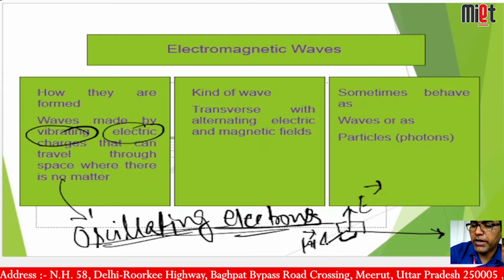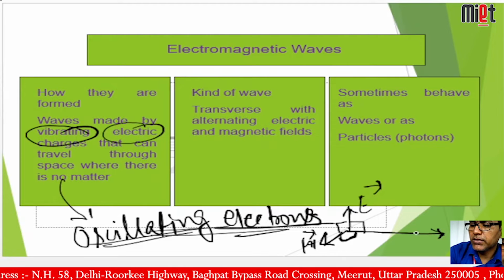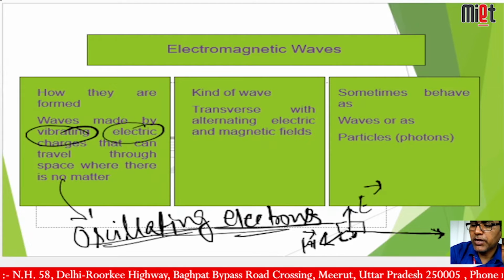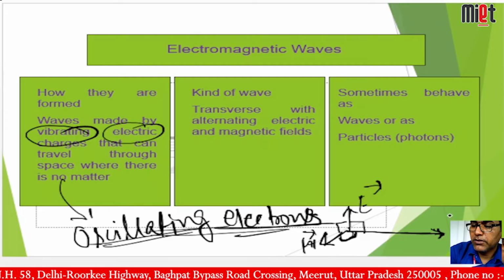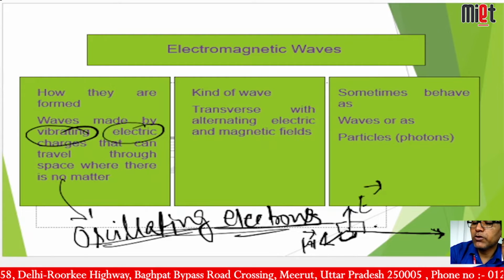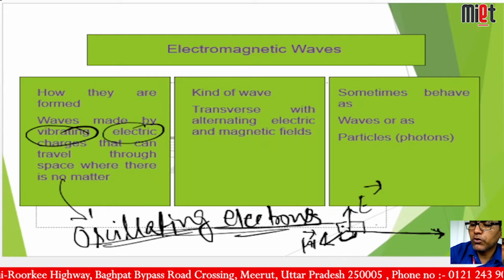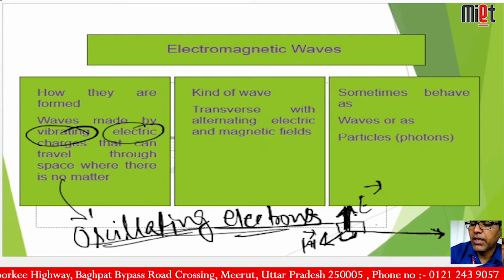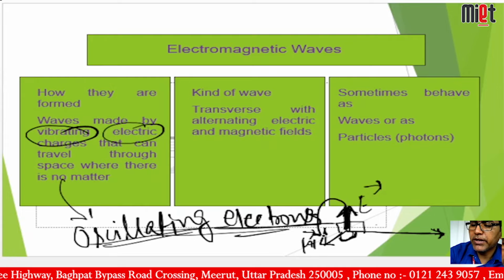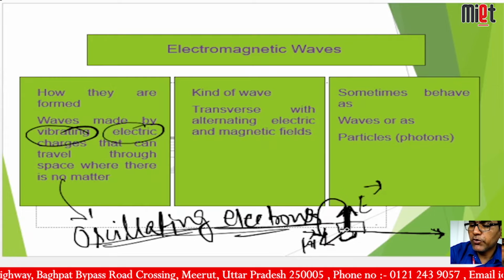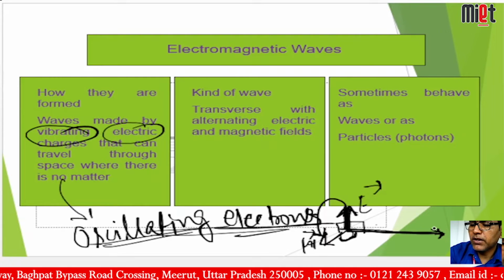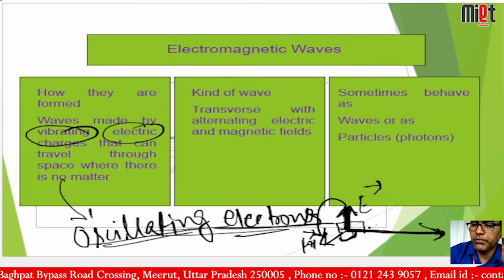The angle between the magnetic field and the direction of propagation is again 90 degrees. This direction is found using the right hand thumb rule. You put your hand in the direction of the electric field and rotate your fingers in the direction of the magnetic field. The thumb gives the direction of propagation of the electromagnetic wave.